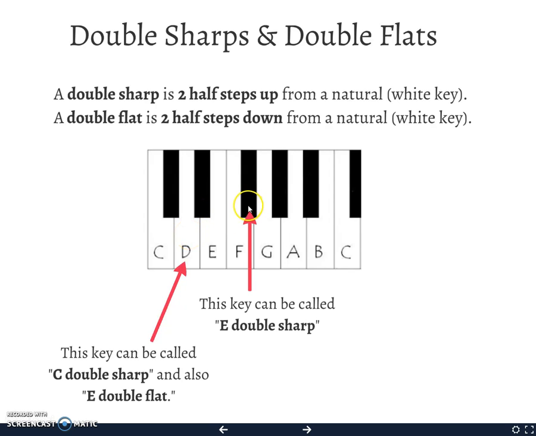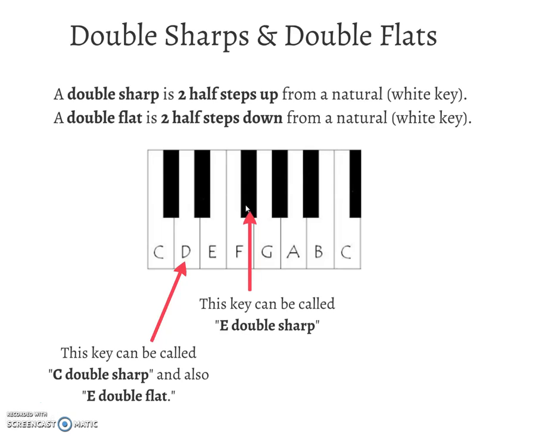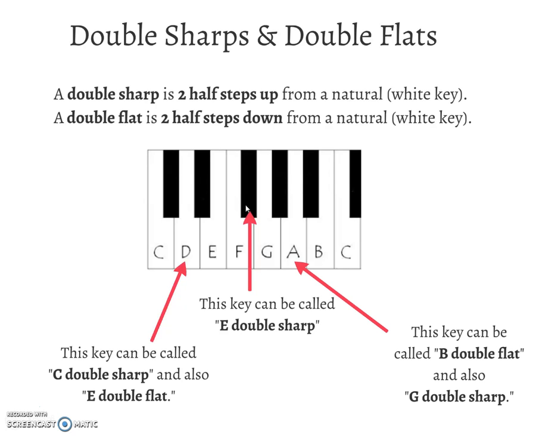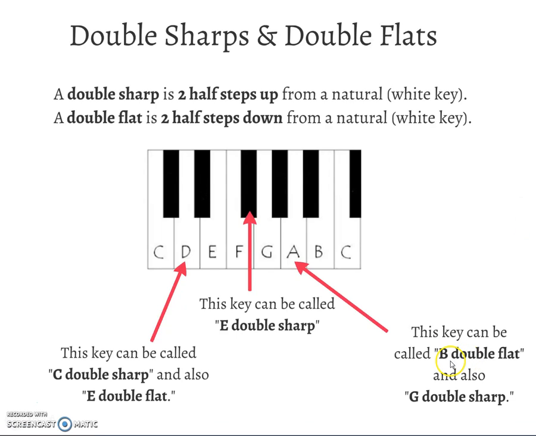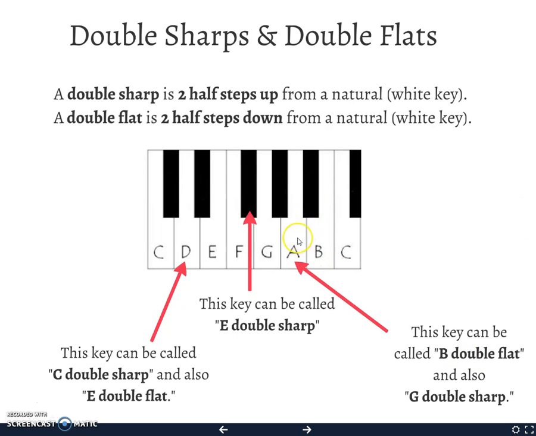This black key here we could call E double sharp, E sharp, because there's no black key in between E and F, double sharp. We could also call it F sharp, we could also call it G flat. So this key has actually many names. A, we could call it B double flat because it's two half steps down from B, B flat, double flat.